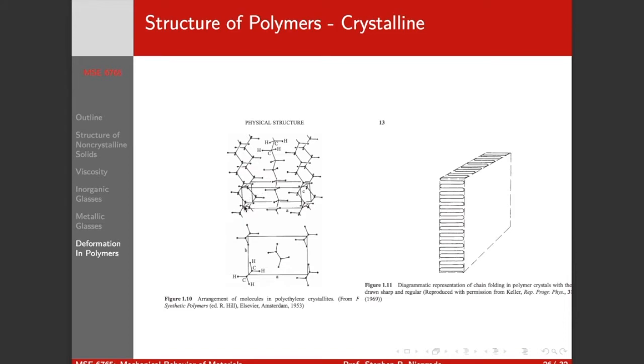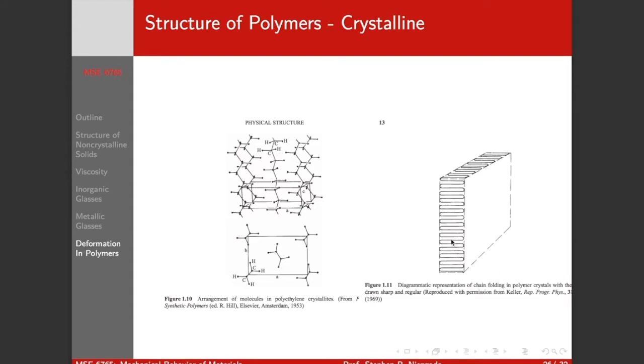And remember, we have an inherent anisotropy in our crystal properties because along this direction we're pulling along the carbon-carbon backbone. Along this direction we're pulling on the van der Waals forces that hold these chains in alignment. So we can't get a cubic polymer crystal because of the differences in bonding.